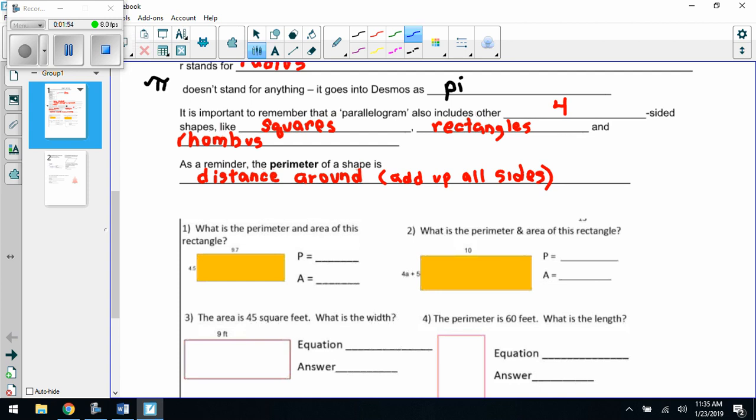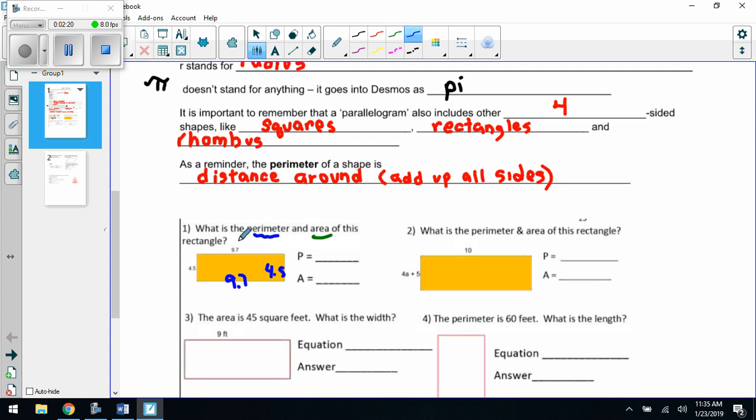Number 1 asks us to find the perimeter and the area of this rectangle. So I'm going to underline the two important parts of this question. To find the perimeter, again, it's the distance around, so we're going to add up all the sides. If this side length is 4.5, and this side length is 4.5. If the top is 9.7, then the bottom is also 9.7.